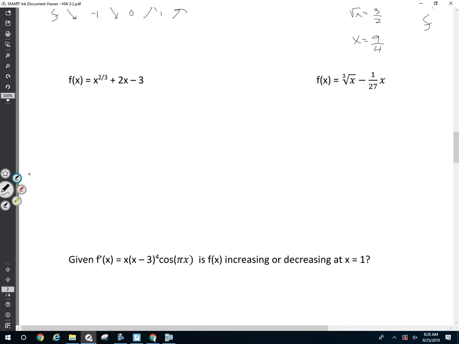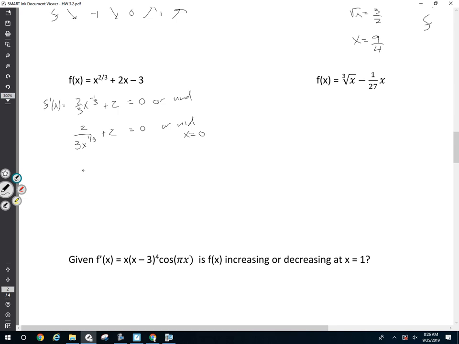x to the 2/3 plus 2x minus 3. Let's see. Don't neglect this situation. Here, I know, again, if I have a 0 in a denominator, x equals 0 is a critical point.